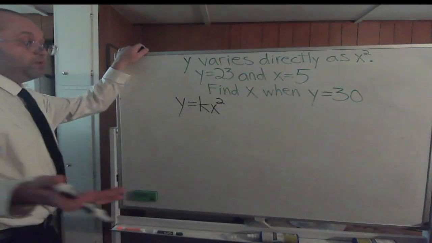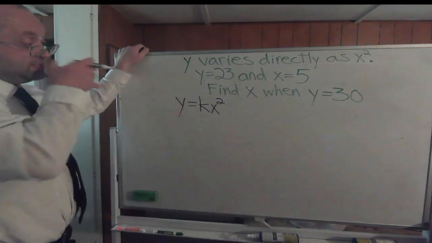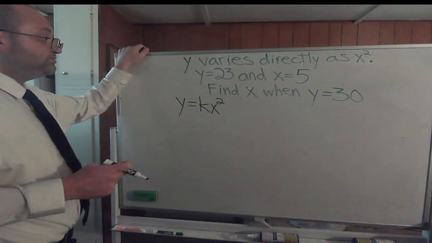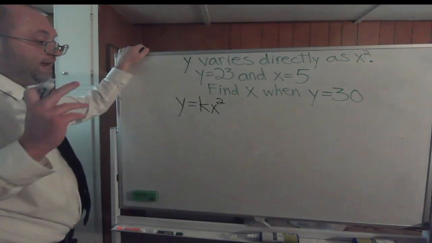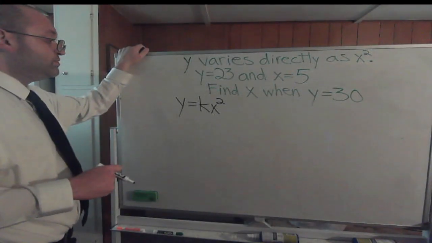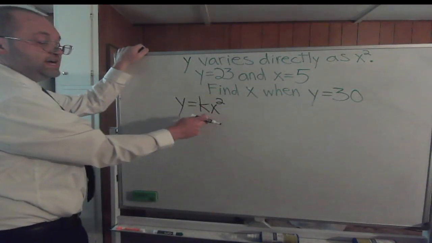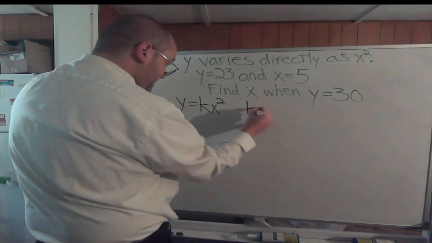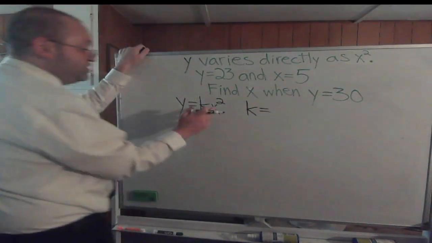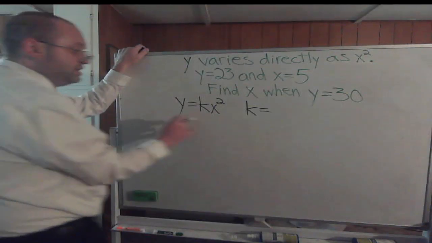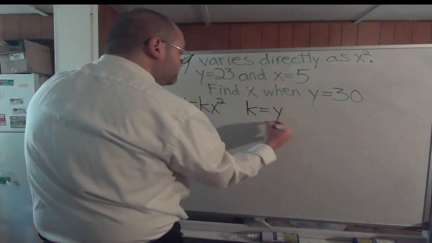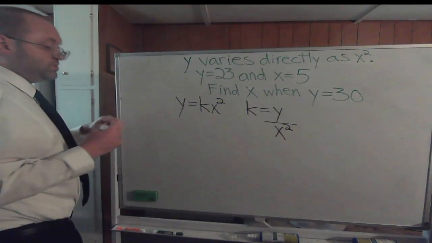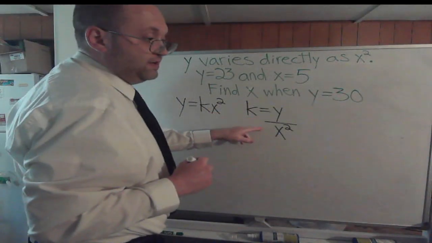Now, of course, we want to find said constant. Well, what we have to do is divide the right side by x squared to get that k by itself. But since you did it to the right side, you got to do it to the left. That would give you k equals y over x squared. So that's the equation for the constant of variation.